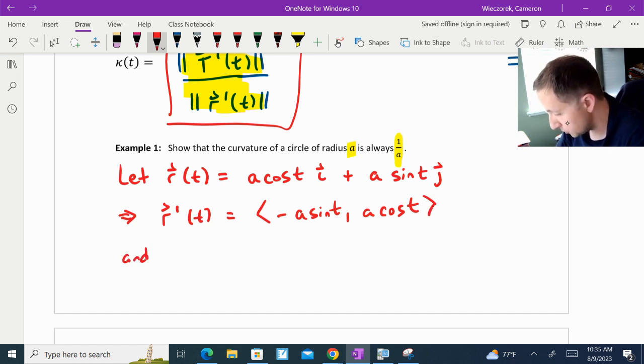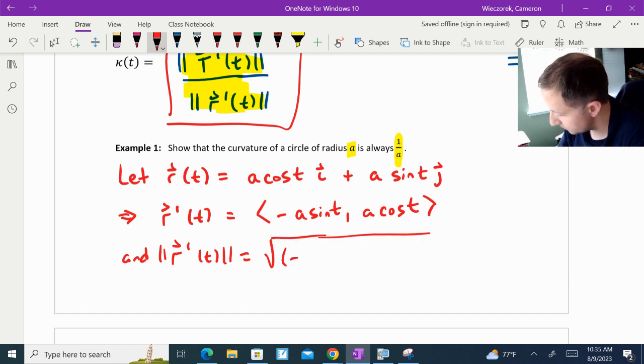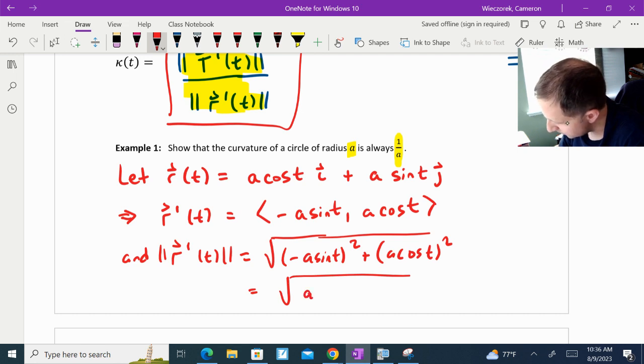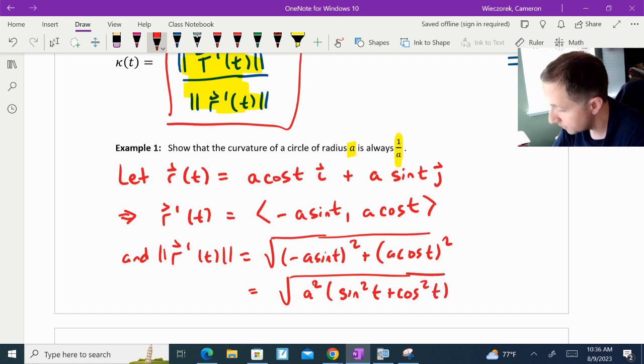And so the magnitude of r prime would be the square root of the sum of squares of those components. So we'd have negative a sine t squared plus a cosine t squared. And so we would end up with a squared times quantity sine squared t plus cosine squared t. We can factor out the a squared.